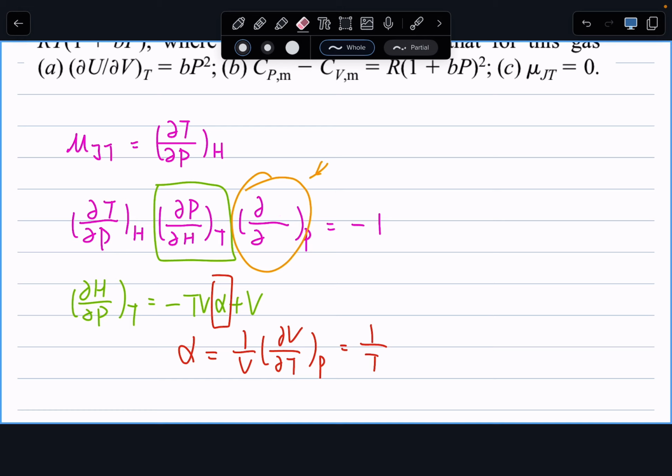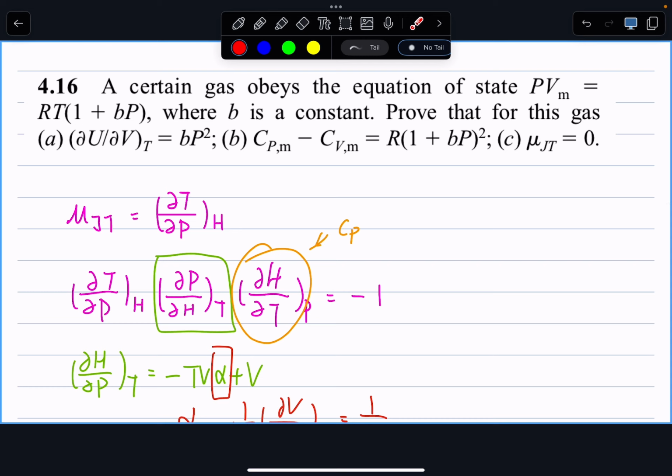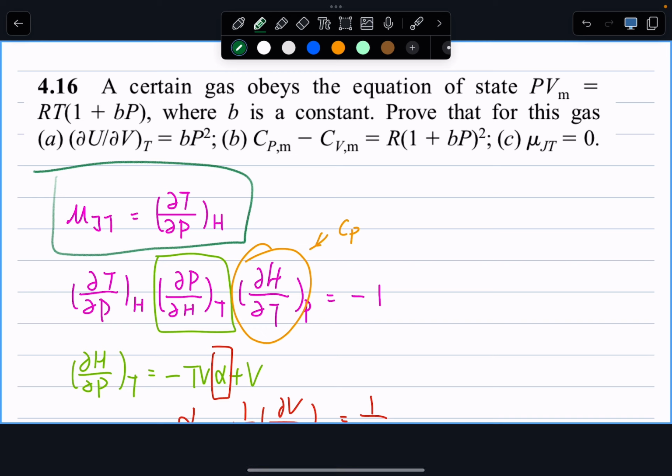It should be dT over dP at constant H, dP over dH. This one should be dH over dT. Okay. And this one is our CP, right? And then you have a way to just move things around and find out things cancel out to give you 0. Nevertheless, the take-home message here is, when you're facing a partial differential that's not in our thermodynamic relations, think about it: can you link it with things we know using calculus?